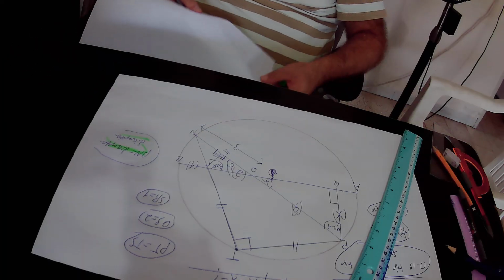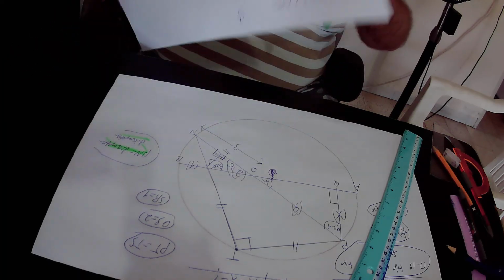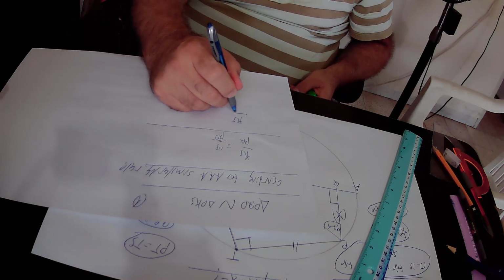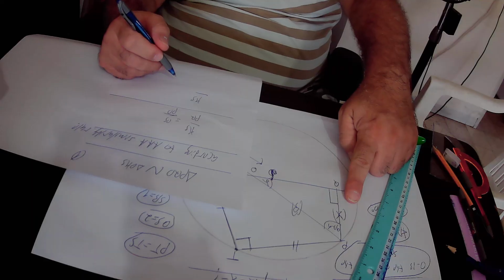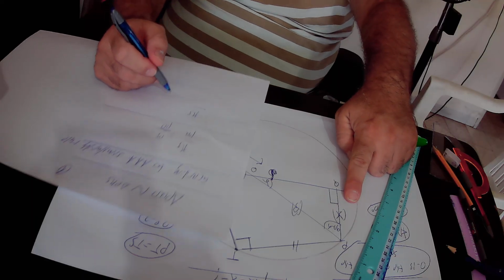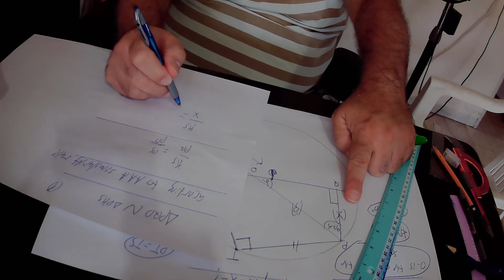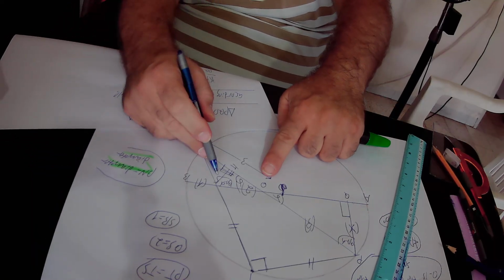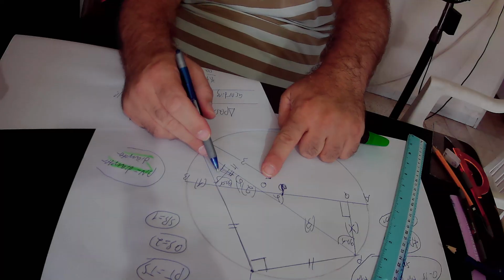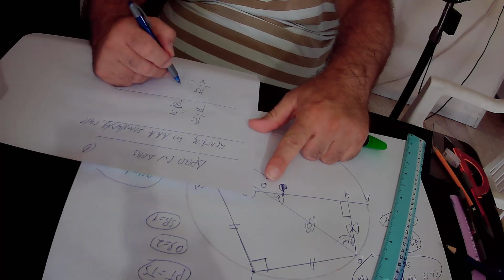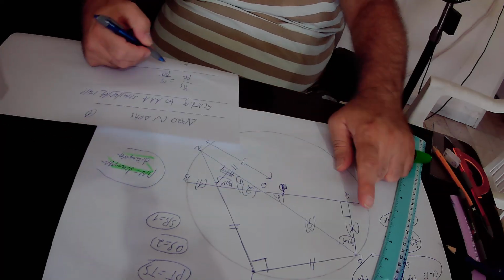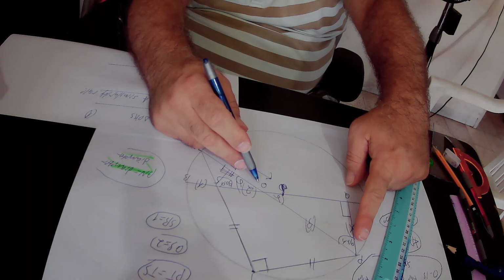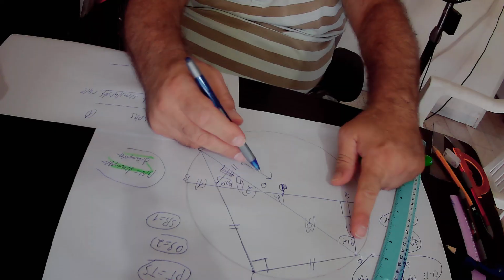KS is the missing side, so we'll leave it as it is, over PQ. PQ is the line segment that we're looking for in this question. It equals X. And it is equal to OS, according to what is given in the question. OS equals 2 units in length, over PO. We already found out that PO is the radius of the circle that equals 3 units in length.